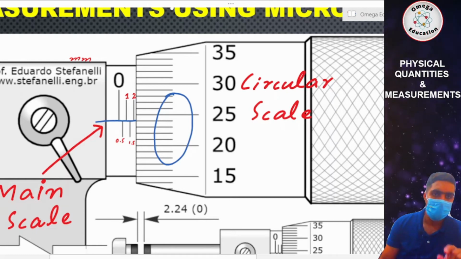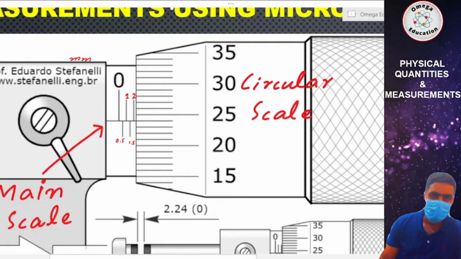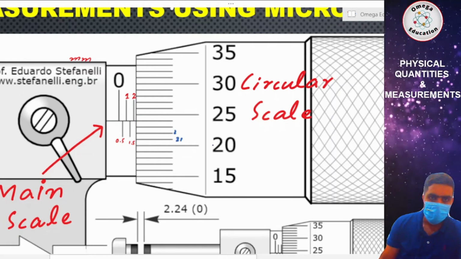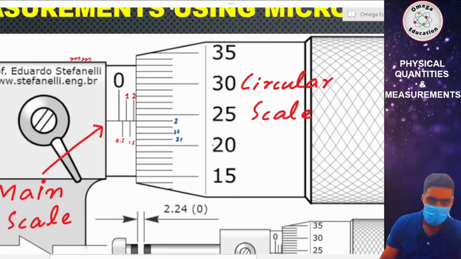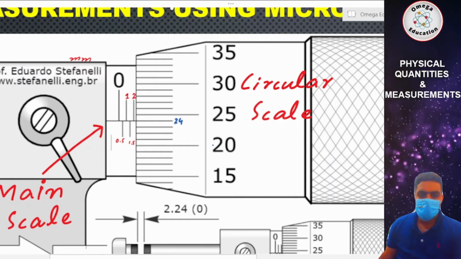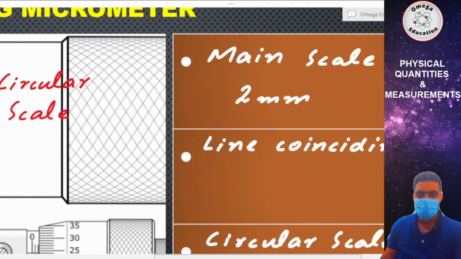In this case, it is line number 20, 21, 22, 23, and then 24. Line number 24 is exactly aligned with the central line of the main scale. So we can write it over here: it is line number 24.